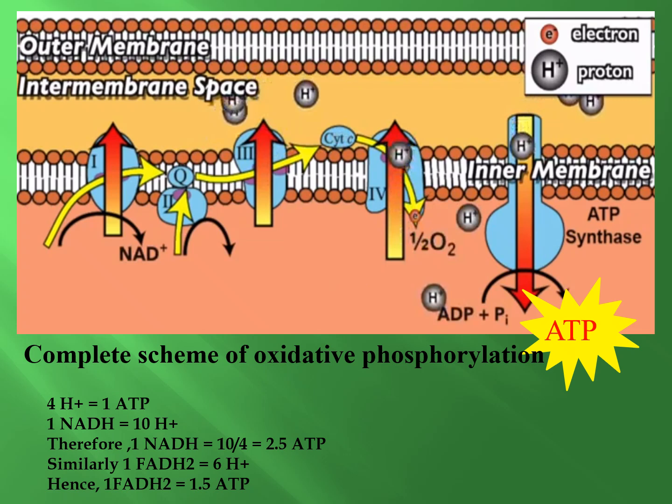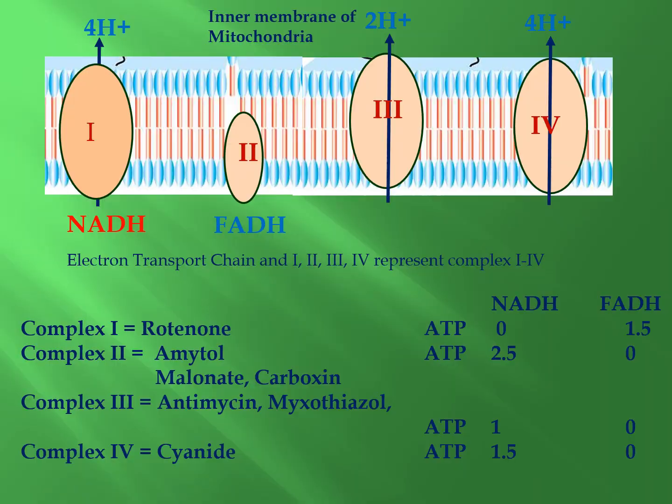When 1 NADH is oxidized, it transports 10 H ions via complex 1, 3 and 4, and FADH transports 6 H ions via complex 3 and 4. That is how it is equivalent to 1.5 ATP for FADH and 2.5 ATP for NADH. Now let's see how this works.